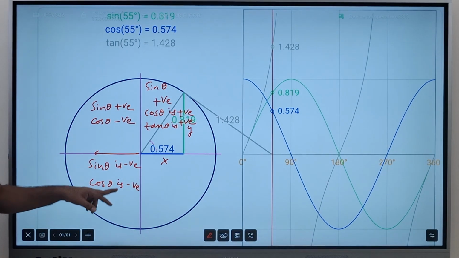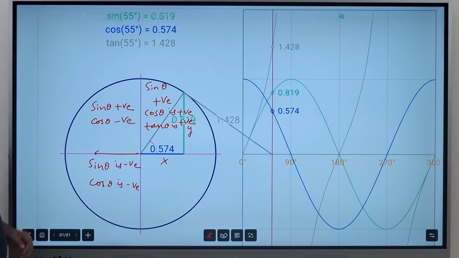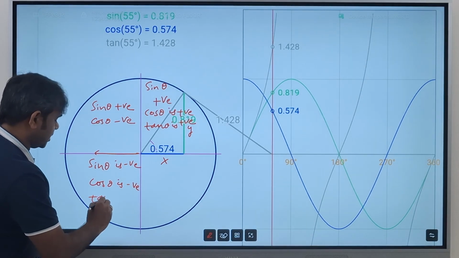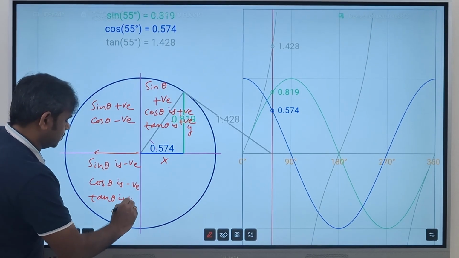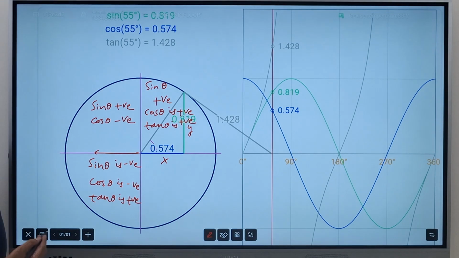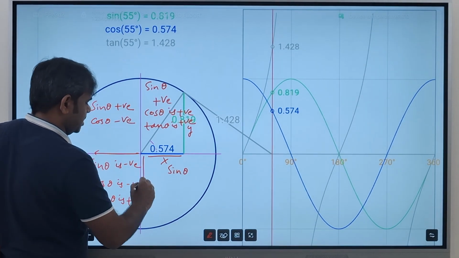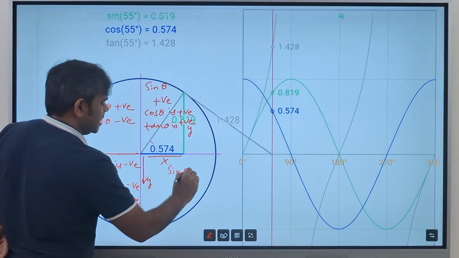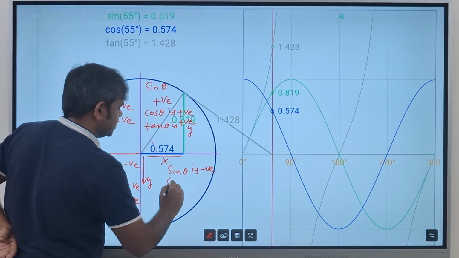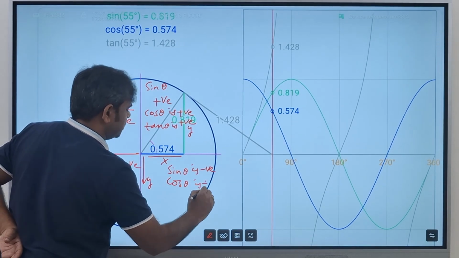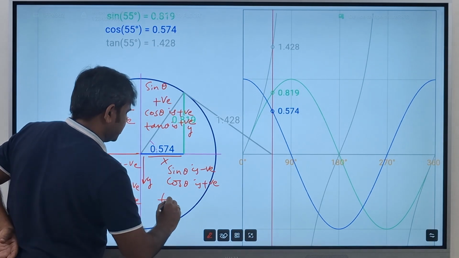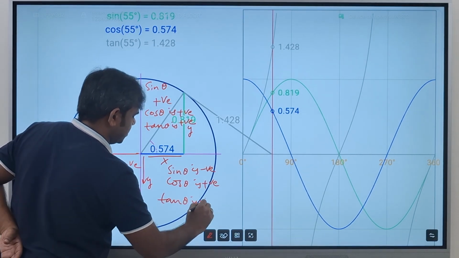But the ratio, numerator is negative, denominator is negative, so the ratio tan theta is positive. In the fourth quadrant, x is positive, but y is negative. So sine theta is negative, cos theta is positive. So the ratio tan theta is negative because the numerator is negative.